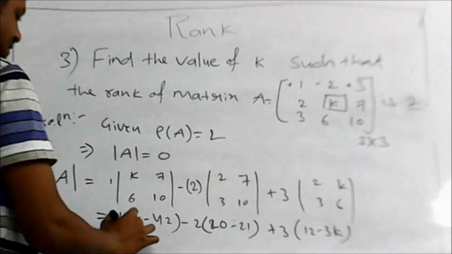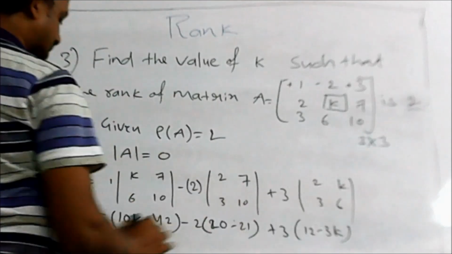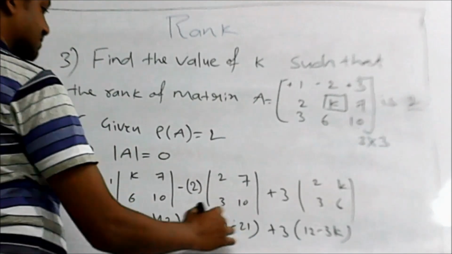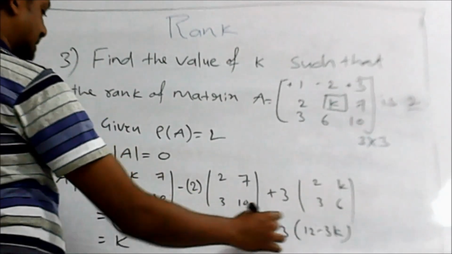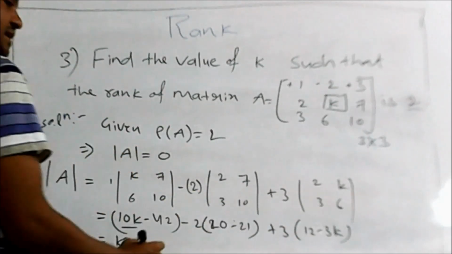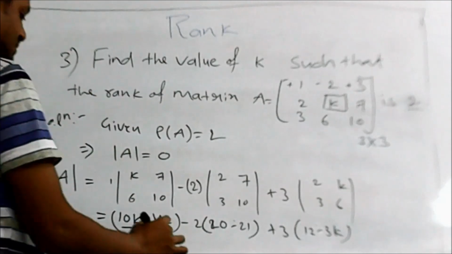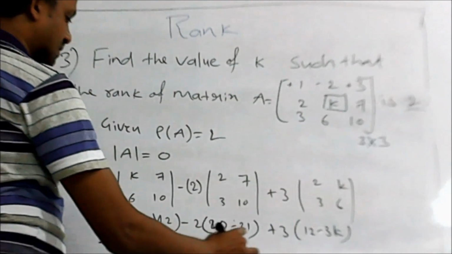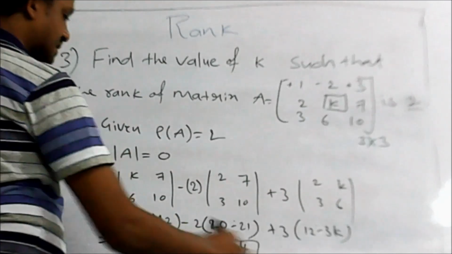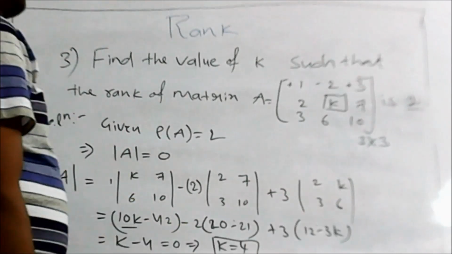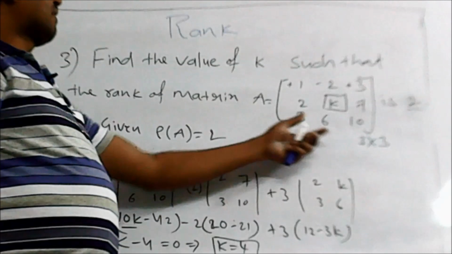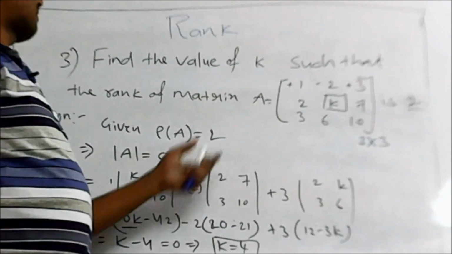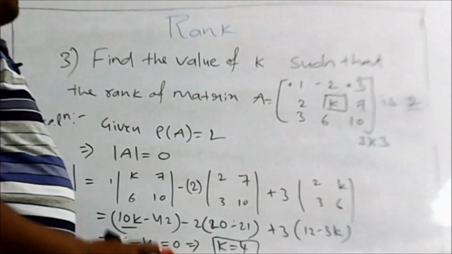So 10K minus 3K... here 10K minus 9K means K. Here minus 42, here plus 2 plus 36, 38. 38 minus 42, so minus 4. So K minus 4 must be 0, which implies K equal to 4. Okay. So sometimes they may give the rank and ask you to find the constant. This is the way you can find it.